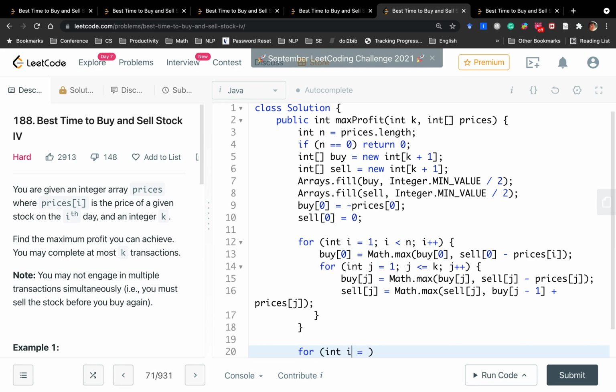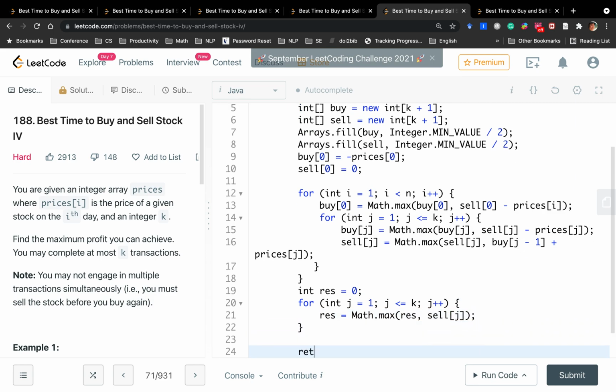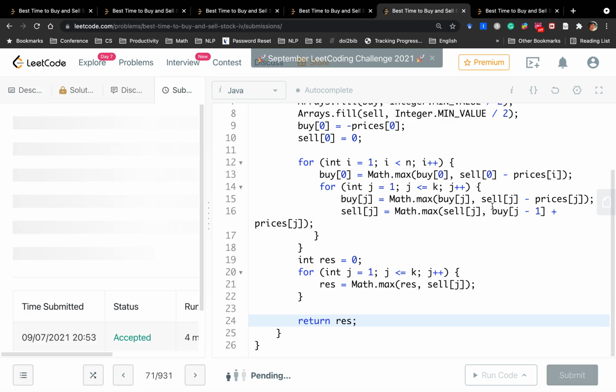So in that case, we should just get the largest number. We let the result equal to 0, then update the result equal to max of result and sell j, and in the end return result. Okay, so just this tricky part, j minus 1.